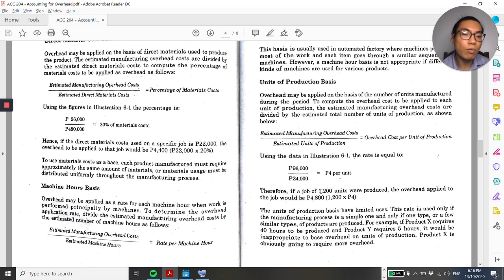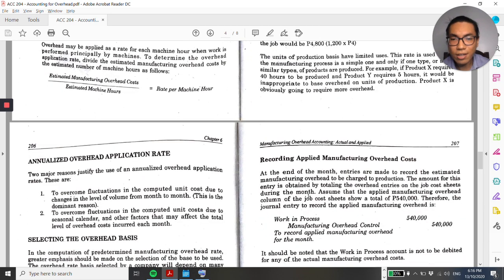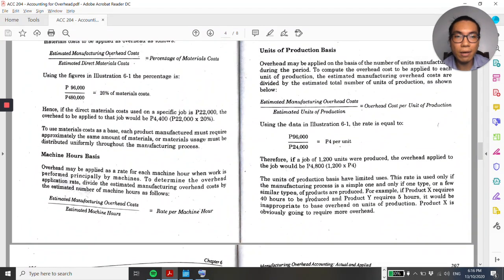And if a certain job would require or will produce 1,200 units, so our total applied overhead cost would be amounting to 4,800. So yun yung summary or parang yung gist talaga for today's lecture.